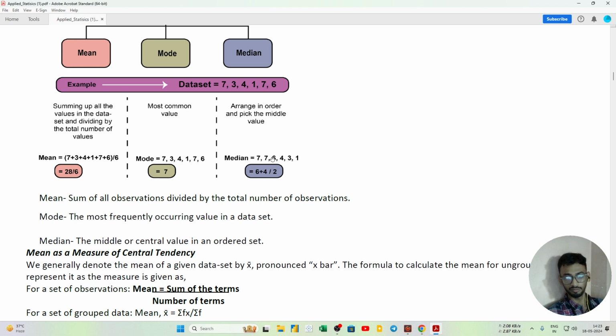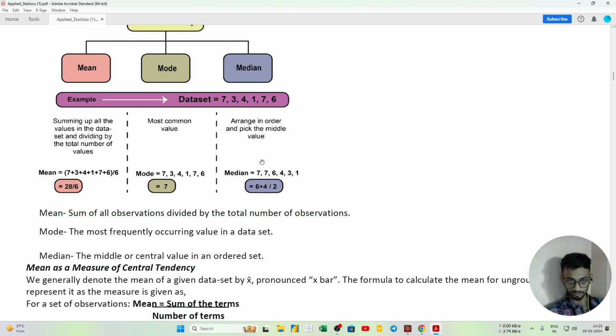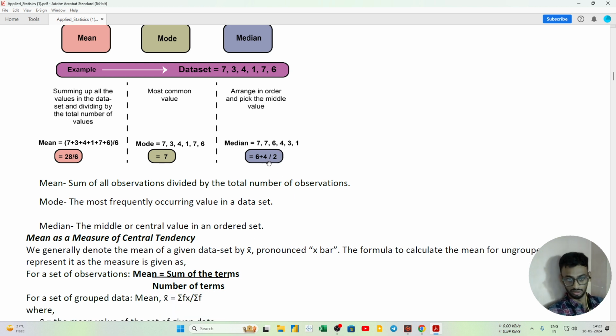And median is nothing but the middle value of a data set. Here 1, 2, 3, 4, 5, 6, there are 6 numbers, so the number of points is even, that's why the middle value is calculated by taking the two middle numbers, summing them up and dividing by 2.